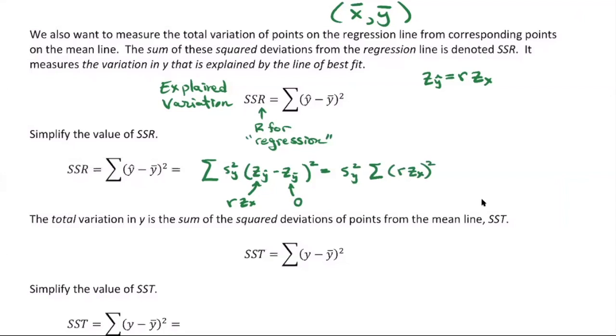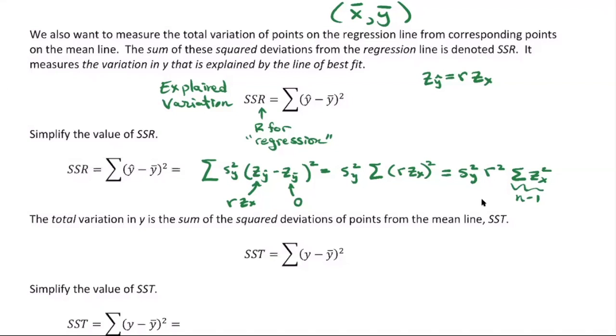But the r is a constant. It's actually an r squared, so I'll factor this out as s y squared times r squared. And then you have the sum of the z-scores of each x value squared. And we know that those always add up to n minus 1, from one of the rules we made in the beginning.